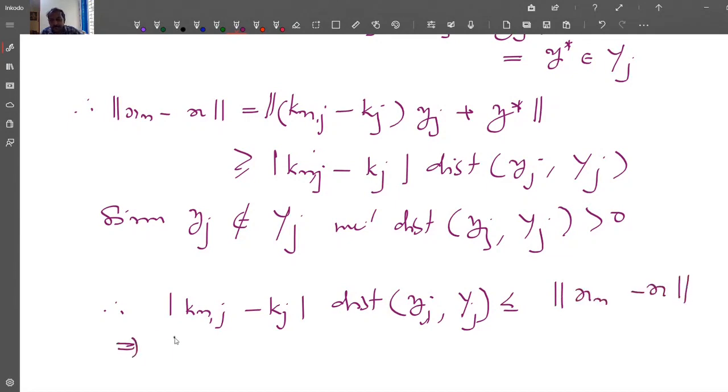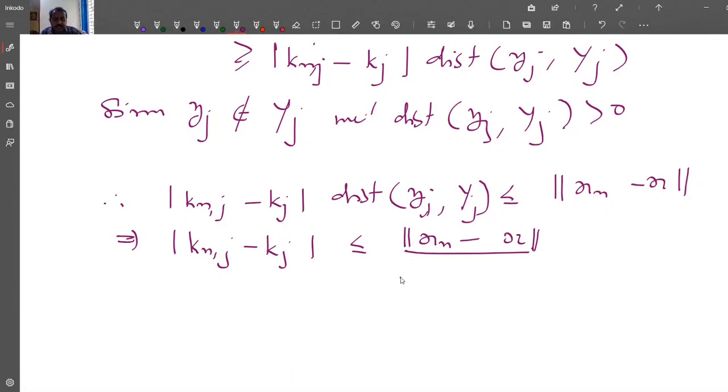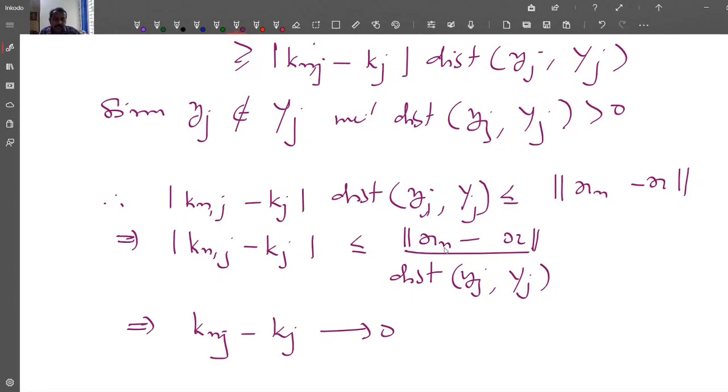This implies modulus of knj minus kj is less than or equal to norm of xn minus x divided by distance between yj and Yj. So this implies knj minus kj tends to 0 because xn tends to x, because our assumption is that xn converges to x.